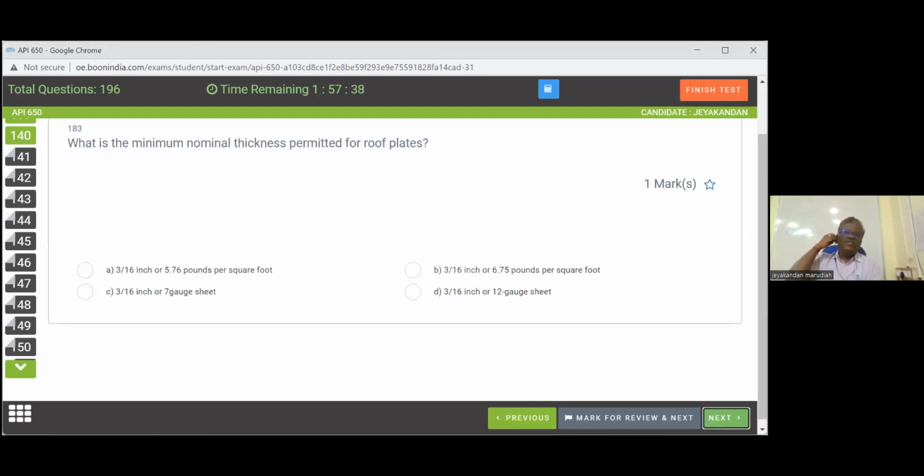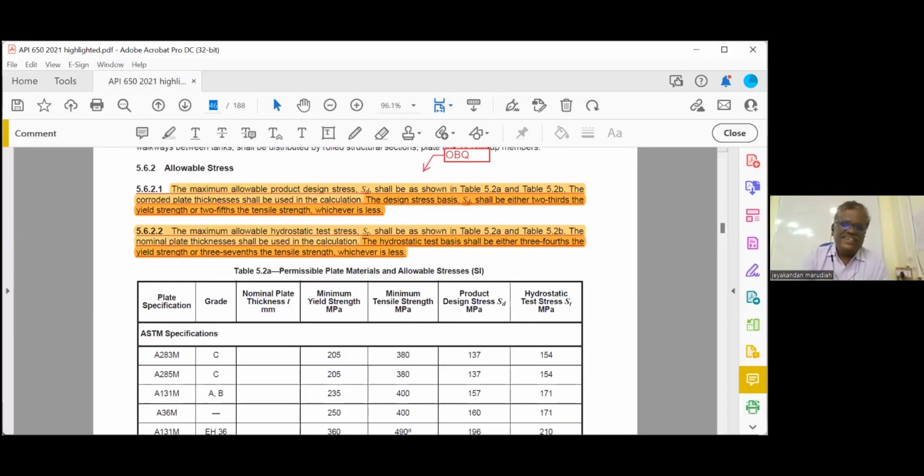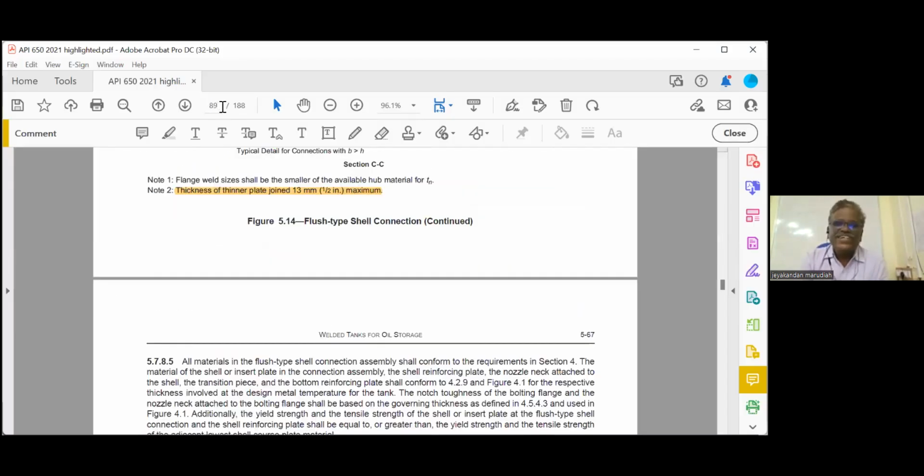What is the minimum nominal thickness permitted for roof plate? Very simple question. What is the roof plate thickness? 5 mm. But what is the gauge? There is gauge measurement, gauge sheet, so you refer to it.